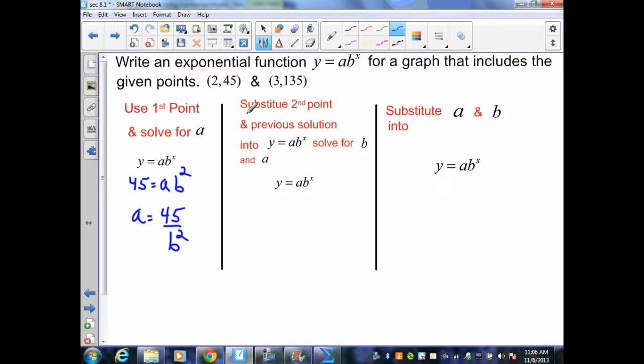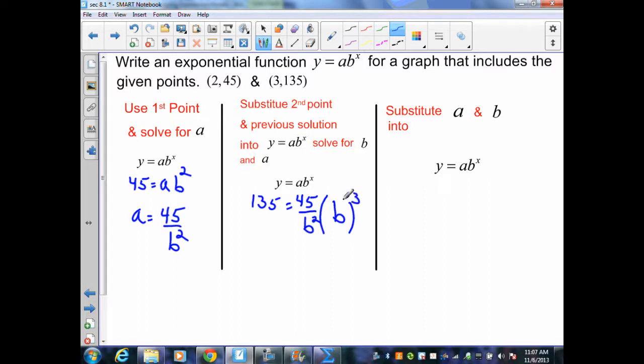Step 2 says substitute the second point, which is (3, 135), and the previous solution, which is a equals 45 over b squared, into my exponential function, which is y equals a b to the x. So here, my y from my second point is 135, equals a from my previous solution, which is 45 over b squared, times b to the x, which I know is 3.